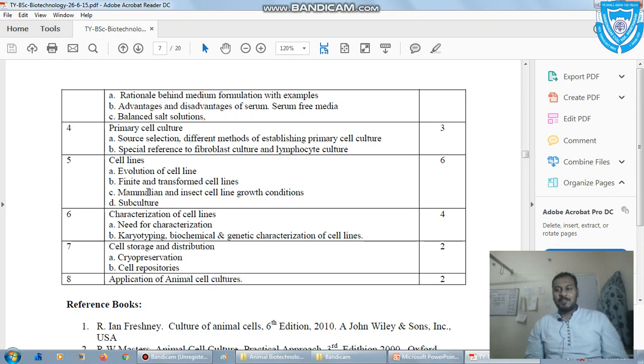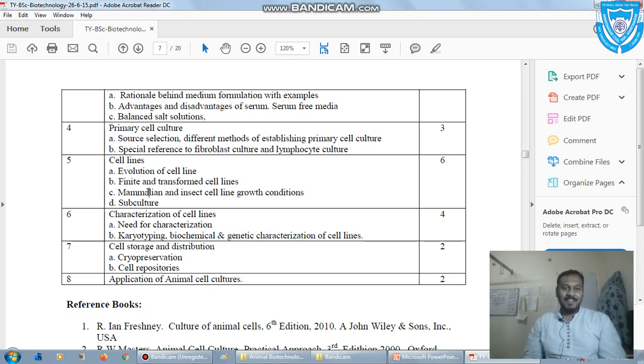Every day we lose millions, billions of cells from our body, and we gain the same amount again, because cells grow and maintain themselves, and they also kill themselves at the end of their age. These we call finite cells. But there are other types of cell lines, which we call transformed or infinite. These transformed cell lines are again of two types, which we are going to see in our lectures.